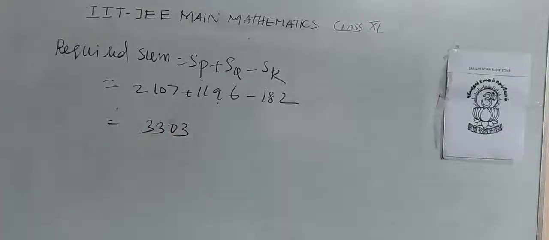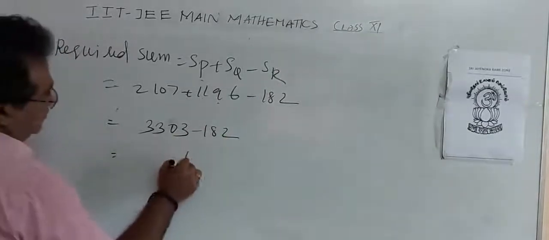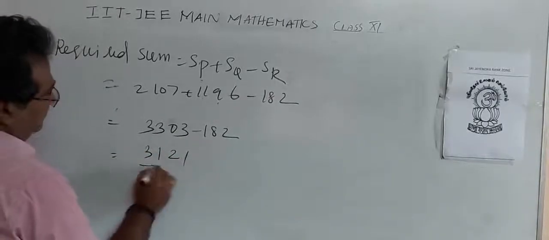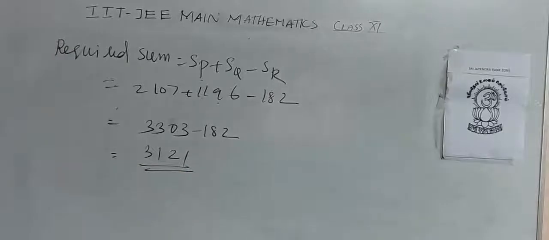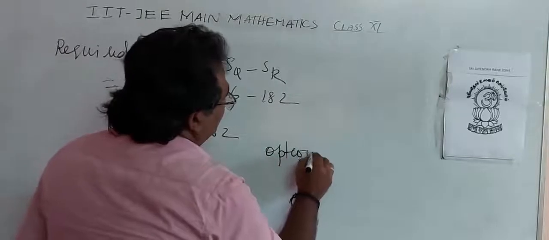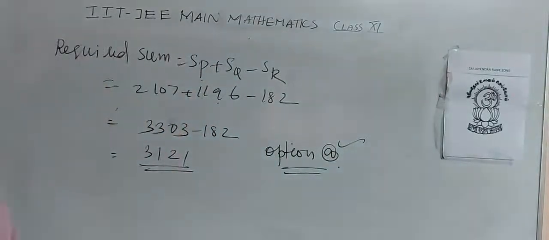So 3303 minus 182, so 3121. So option A is correct.